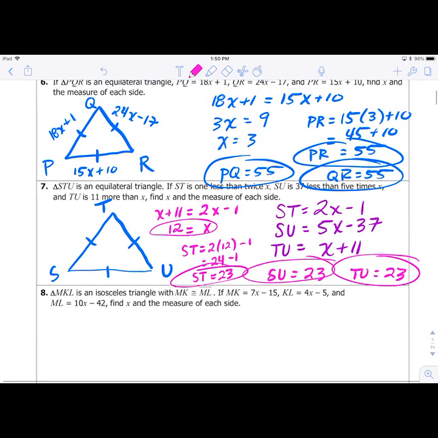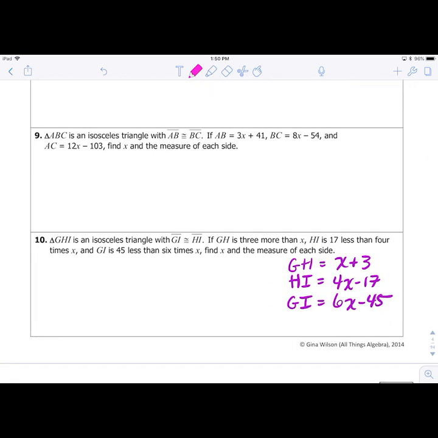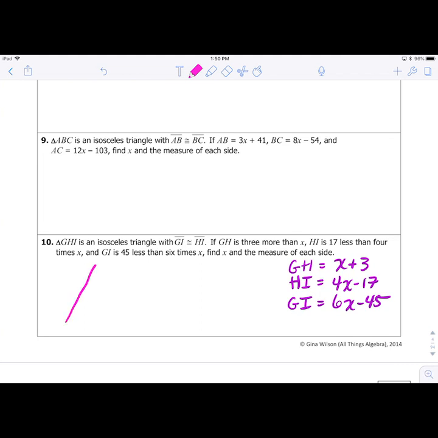All right. Let's finalize this with number 10 because it is one of the more advanced ones. It says triangle GHI is an isosceles triangle with GI congruent to HI. Let's just draw this out. Doesn't matter which way you label it, as long as you label it correctly.